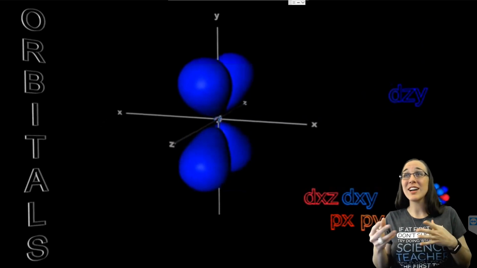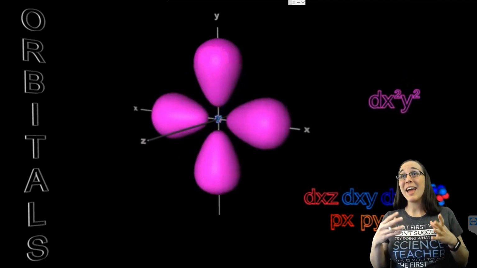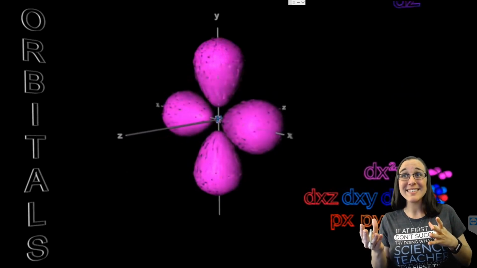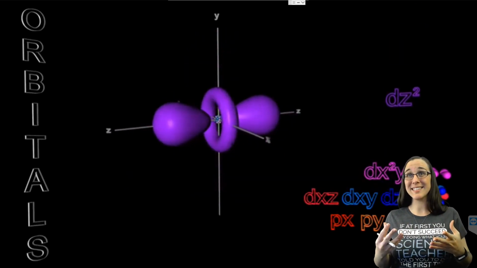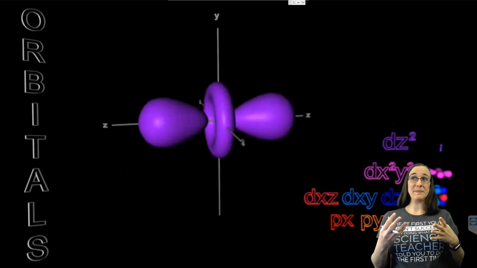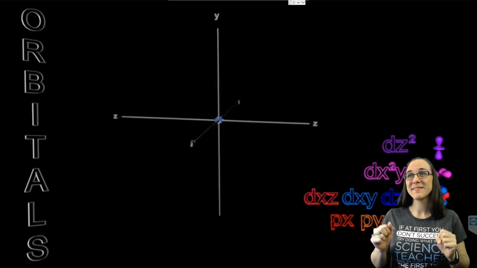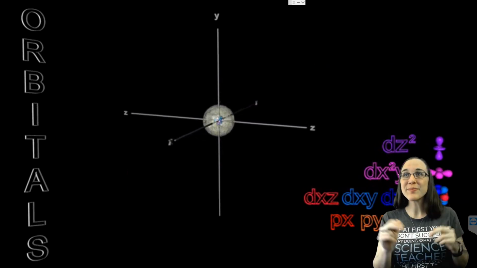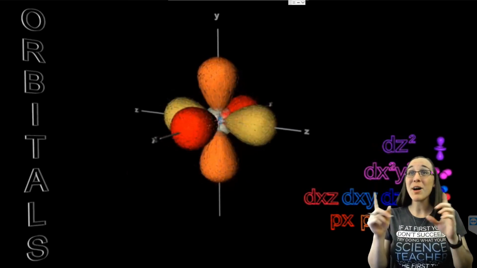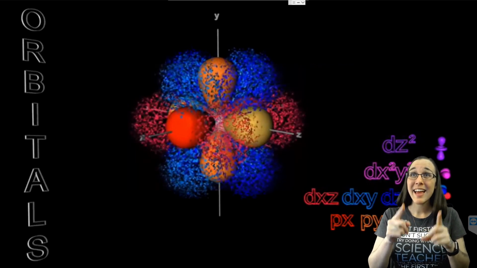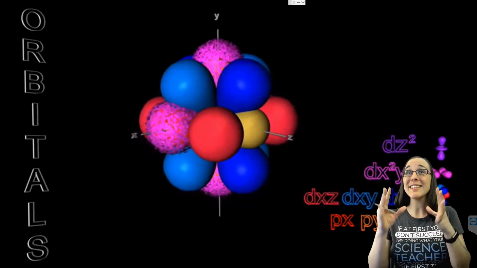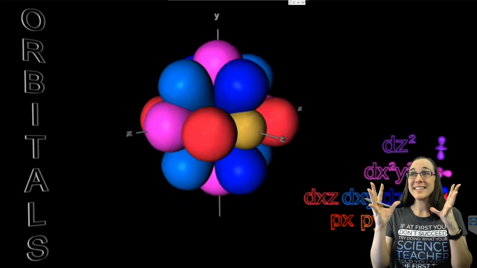Also d along the z, y axis. And now we're also looking at x squared, y squared axes and z squared axes. That's a weird looking one. So now if we put them all together, there's s, p. Now we're putting in our d's. And you can tell that this is filling up quite well. Looks like an atom now.